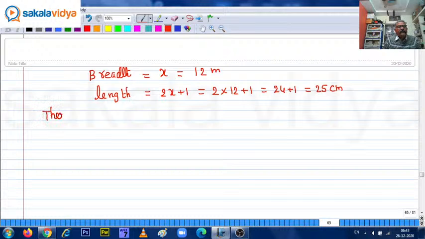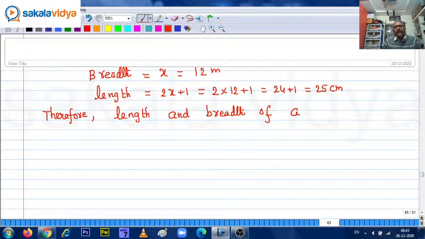Therefore the length and breadth of the prayer hall are 25 meters and 12 meters. Hence the problem has been completed.